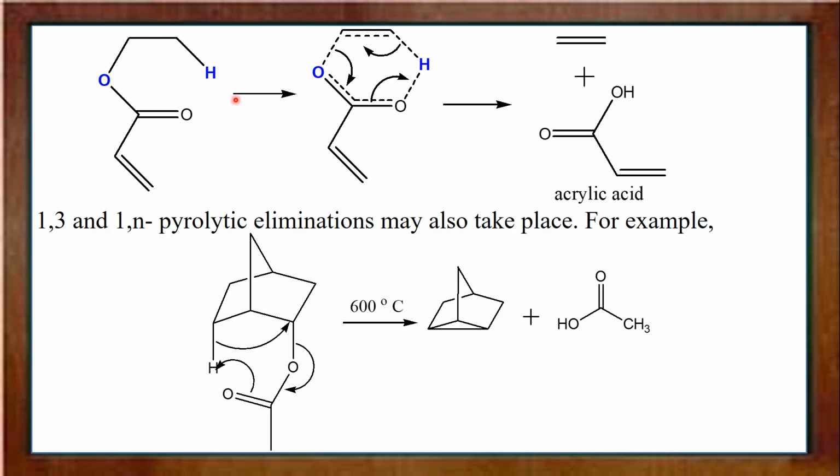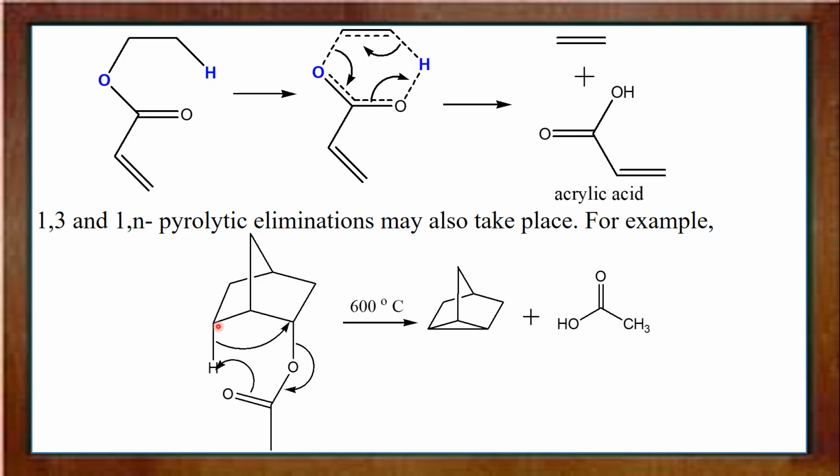Ester pyrolysis is possible in 1,3 fashion also. Here I have given an example for ester pyrolysis where 1,3 elimination is taking place. So here the ester group is connected here. This is alpha carbon, let us say 1. This is 2 and this is 3. So the one we have discussed here is 1,2 elimination. All beta eliminations are 1,2 eliminations.